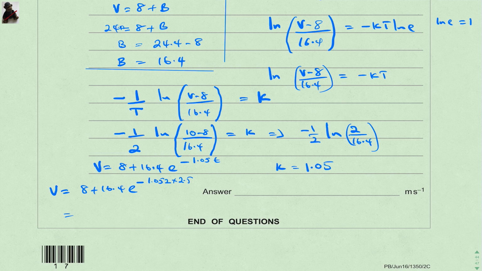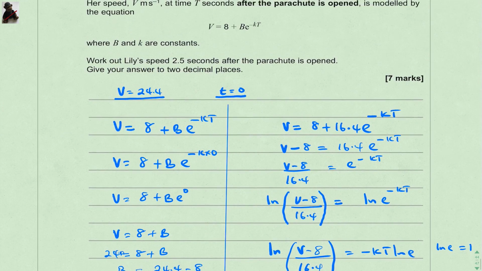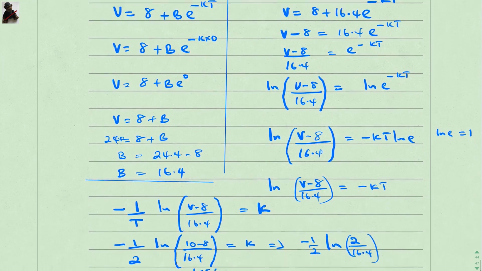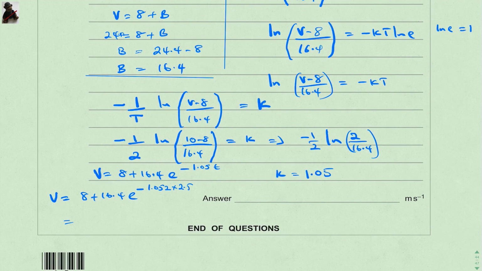So that would be 9.81, and the answer is in 2 decimal places, so the speed will be 9.81 meters per second.